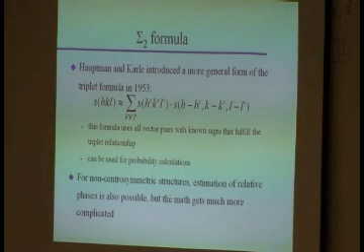Now, just a year later, this formula was augmented by Hauptmann and Karle, who introduced a slightly more sophisticated equation. But it's very similar. And what they said was, in many cases, I have more than one set of reflections that form a triplet relationship with the one reflection that I'm looking at.